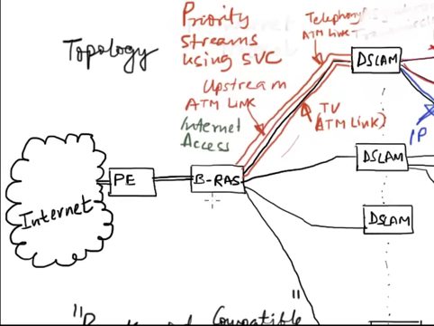Beyond the BRAS and towards the communication service provider's network, the data that the DSLAM aggregated from all subscribers' loops were routed to edge routers over gigabit Ethernet links.